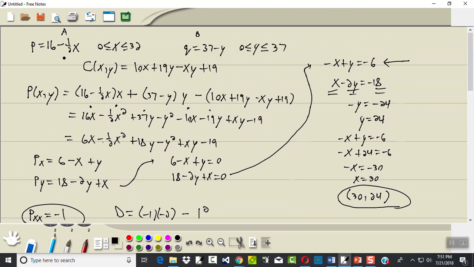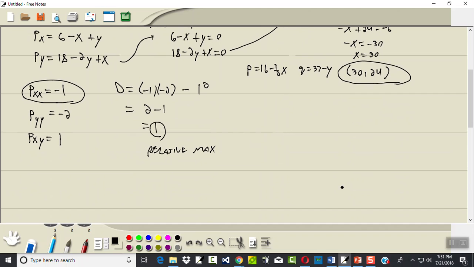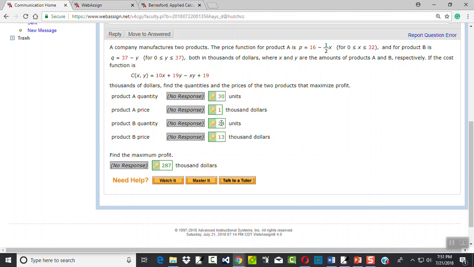We got price for this is 16 minus 1/2 x, and the other one is 37 minus y. 16 minus 1/2 times 30, we get p is equal to 1, which is where they get this 1 from.